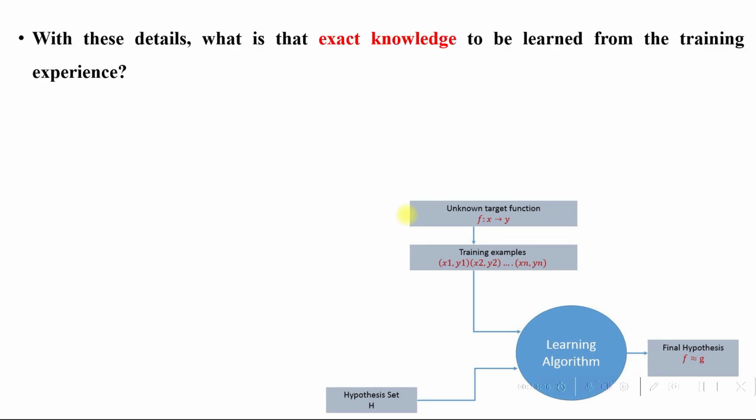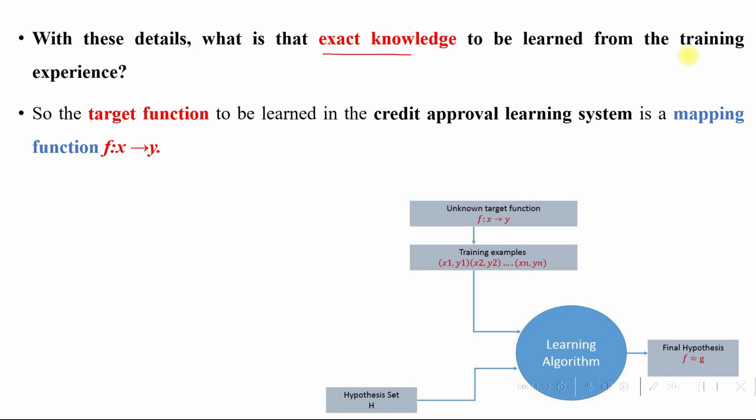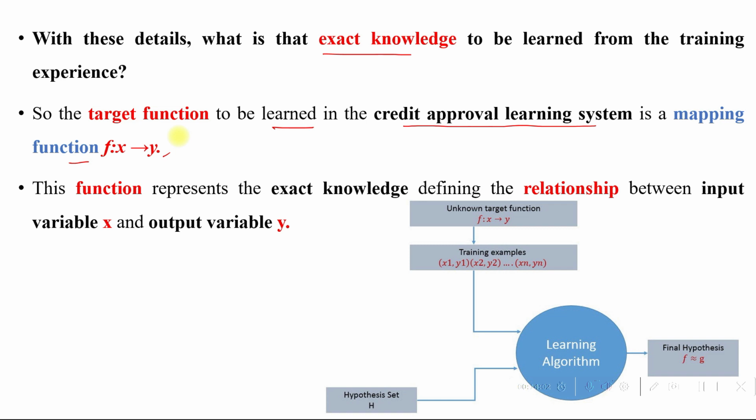So with these details, what is the exact knowledge to be learned from the training experience? The target function to be learned in the credit card approval system is the mapping function F, X implies Y. This function represents the exact knowledge, defining the relationship between the input variable and the corresponding output variable.